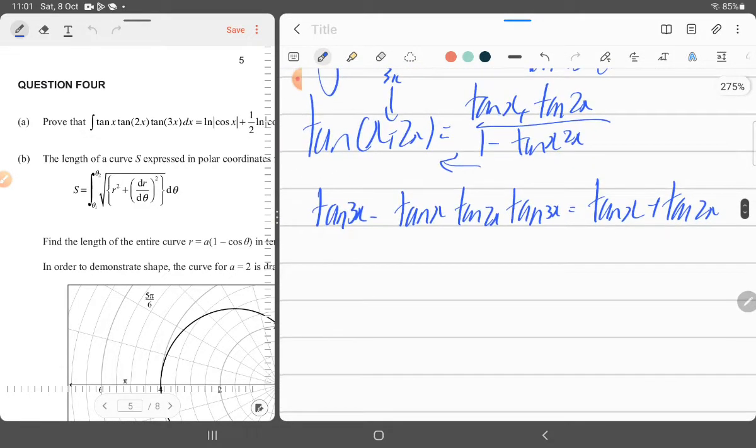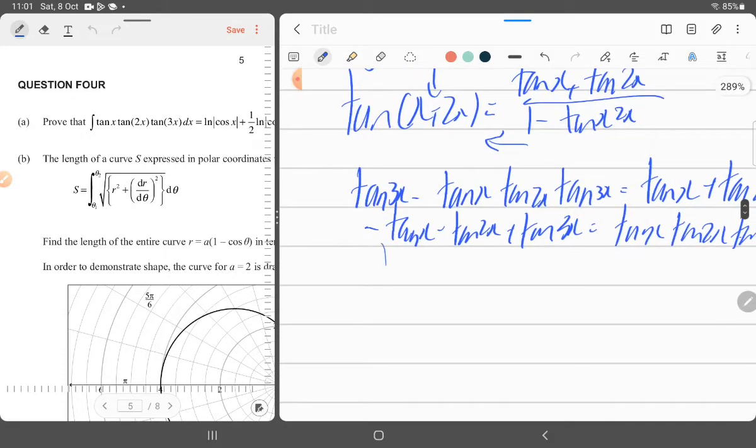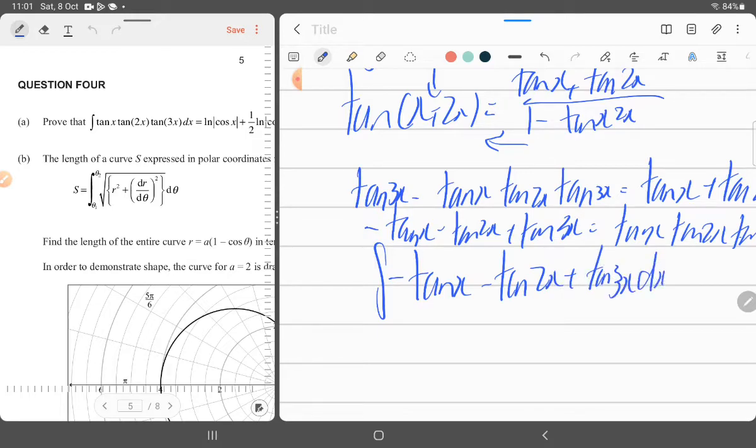Then we can rearrange, so minus tan x minus tan 2x plus tan 3x is equal to tan x tan 2x tan 3x. We can integrate this, so integral of negative tan x minus tan 2x plus tan 3x dx.